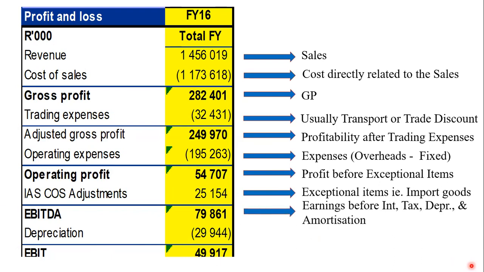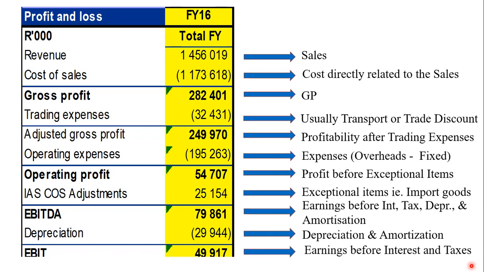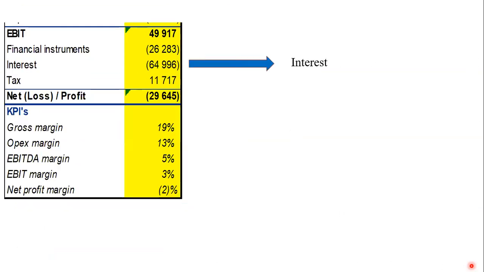And then you get your EBITDA, which is earnings before interest, tax, and depreciation and amortization. Then most companies report the depreciation on a separate line. And then you get your EBIT, which is your earnings before interest and taxes.